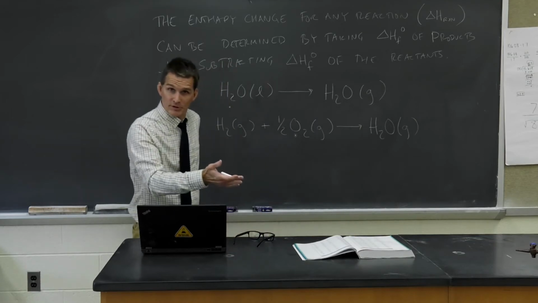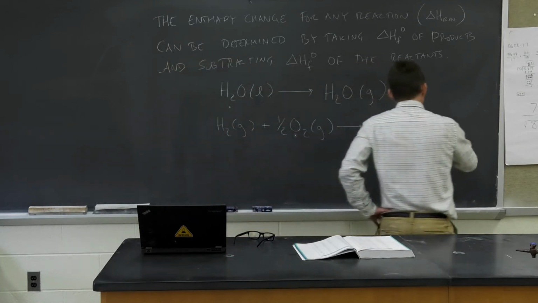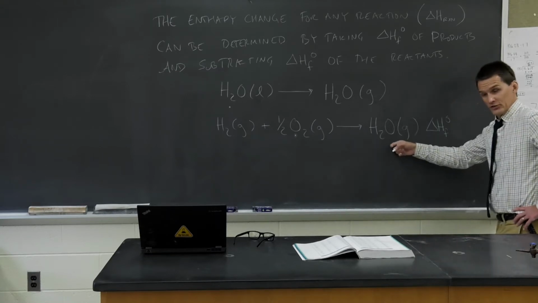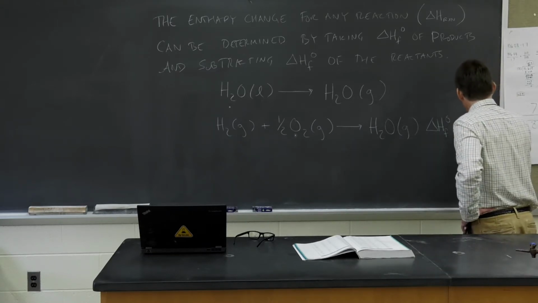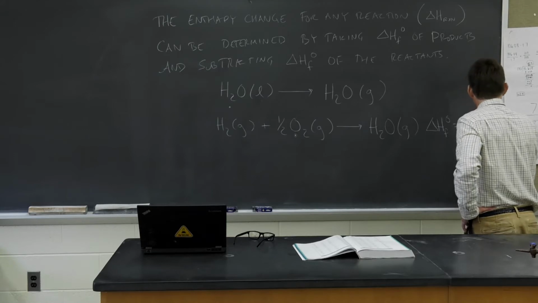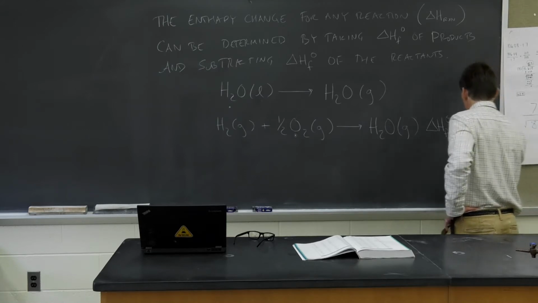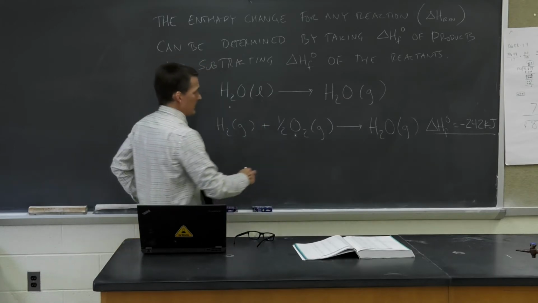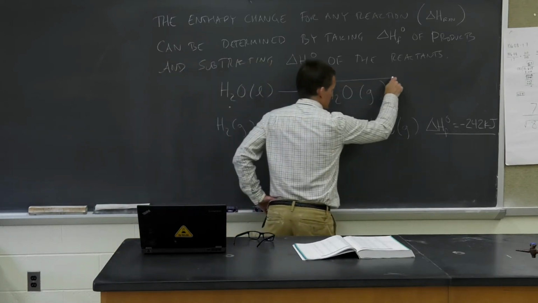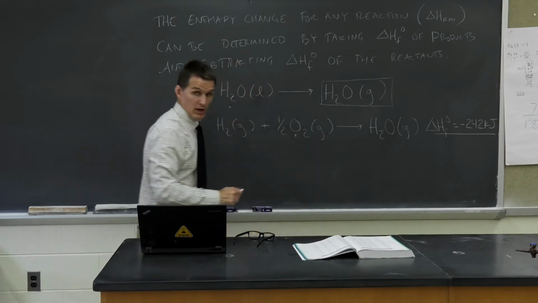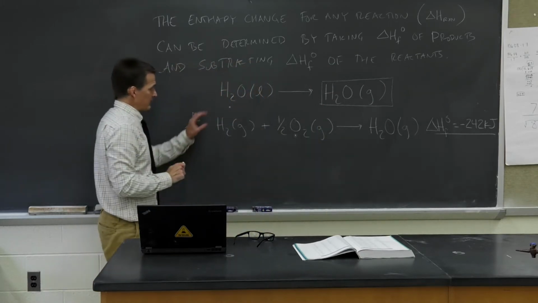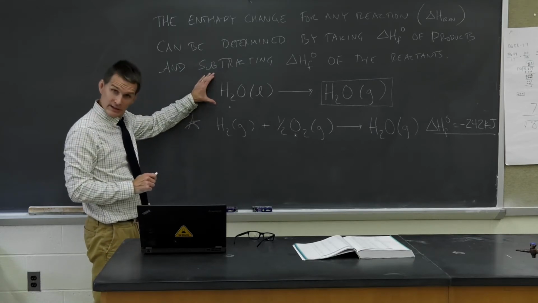And if we look this up in the chart, you're going to see that the enthalpy of formation for gaseous water is negative 242 kilojoules for every mole of gaseous water. And notice, that's our product.